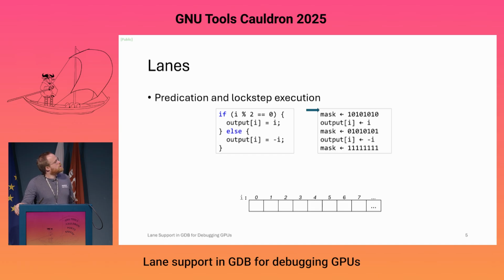In that very simple example, we say: if I is even, output I equals I, otherwise output I equals minus I. The first thing you execute, you evaluate your condition for every lane inside your program, so for every one of those 32 work items.